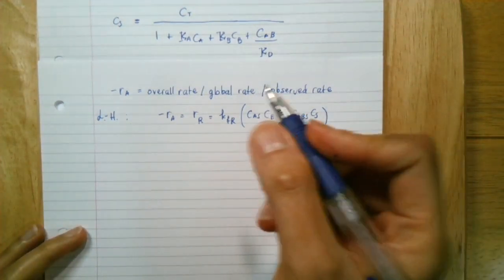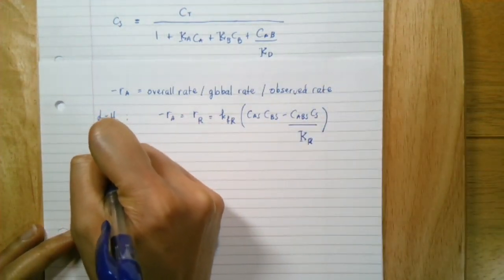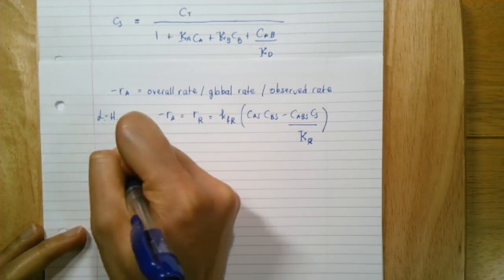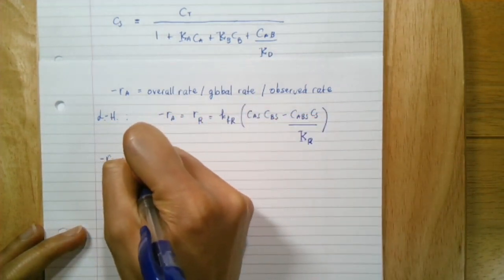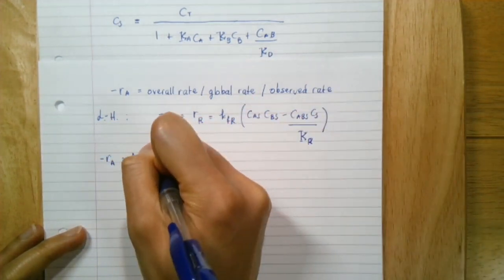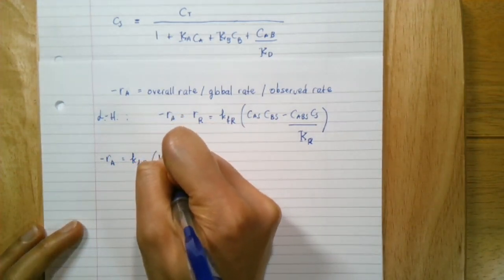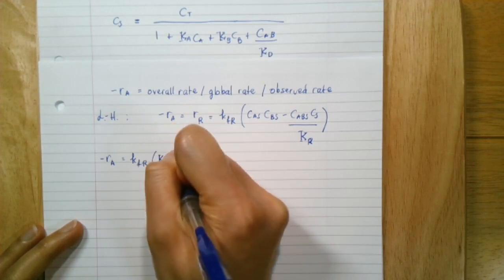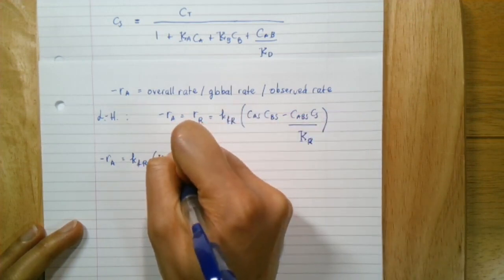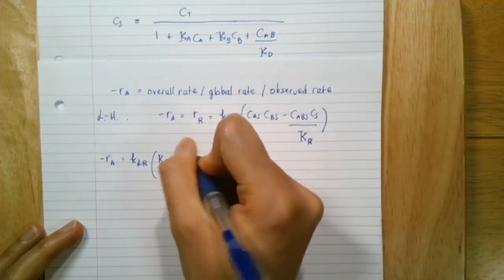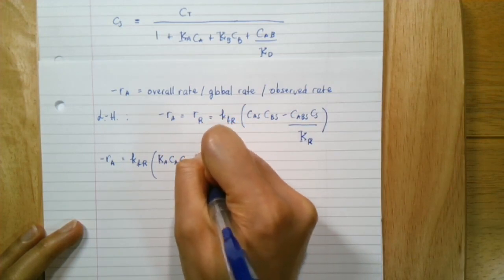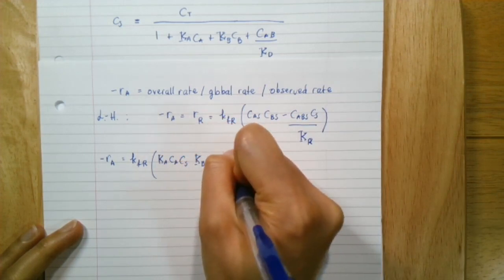So I can write this as negative RA. This is equal to KFR times CAS is just KA CA CS. CBS is KB CB CS.